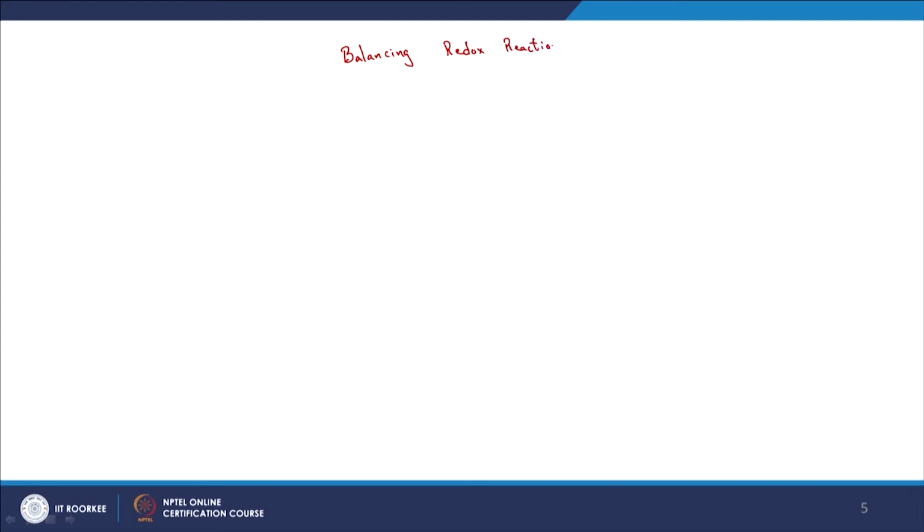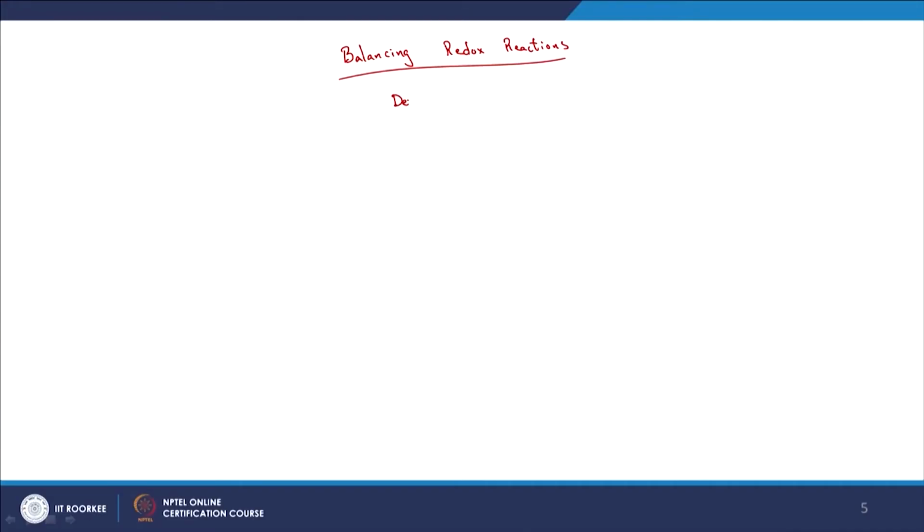So let's have a summary before we go further. How do you balance half reactions now? First, you need to be able to develop the half reactions.